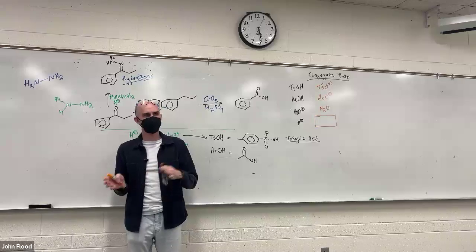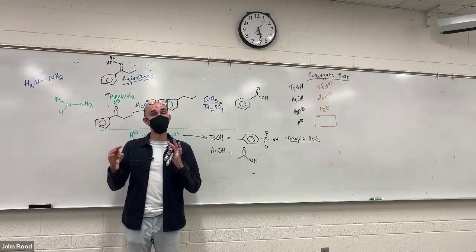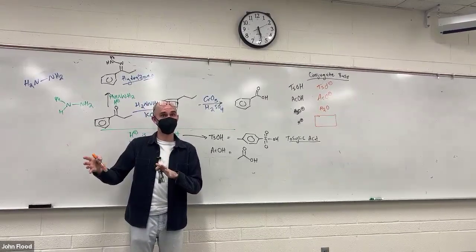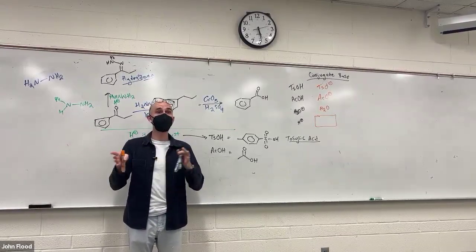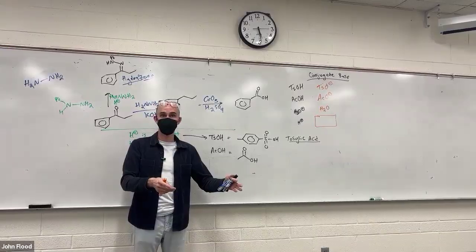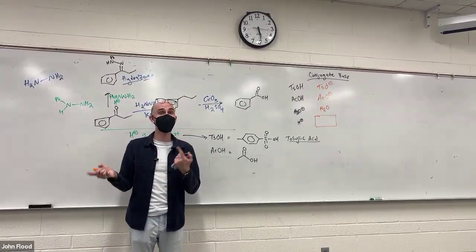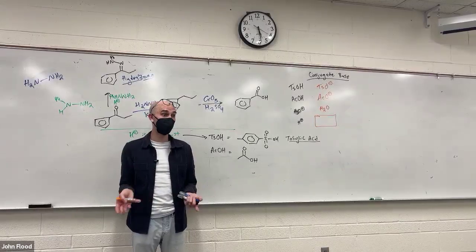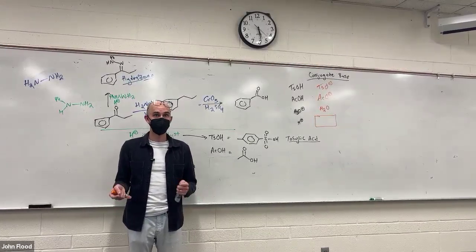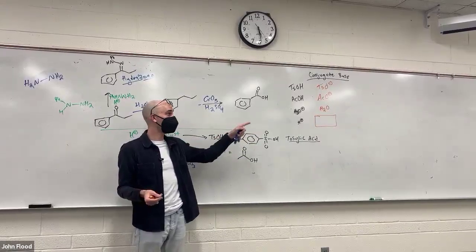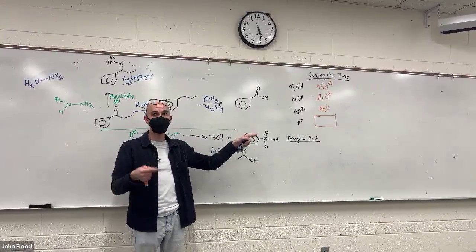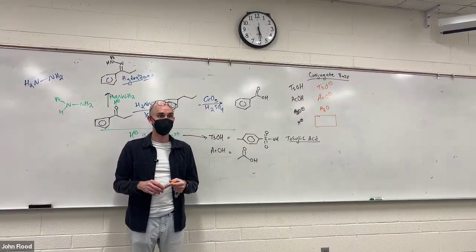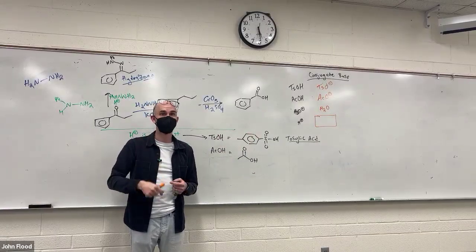So if you're showing a mechanism and you have catalytic acid, that means something donates a hydrogen, and then at the end, that thing takes its hydrogen back and is the acid that it was at the beginning. What is it that we show taking the hydrogen back at the end of the catalytic step? Nothing.